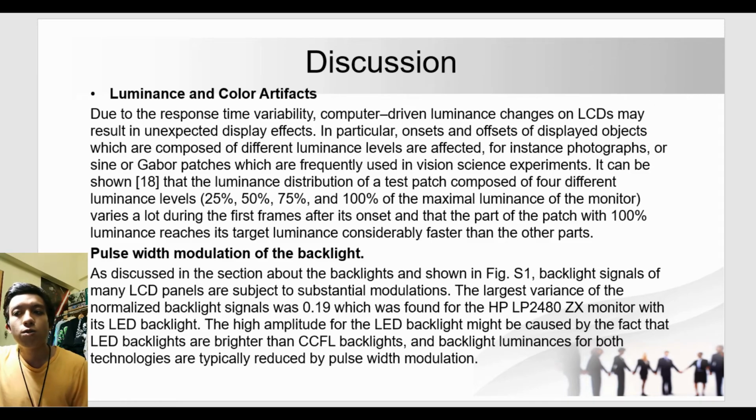For instance, photographs or signs or Gabor patches, which are frequently used in vision science experiments. It can be shown that the luminance distribution of a test patch composed of 4 different luminance levels varies a lot during the first frames after its onset, and that the part of the patch with 100% luminance reaches its target luminance considerably faster than the other parts.